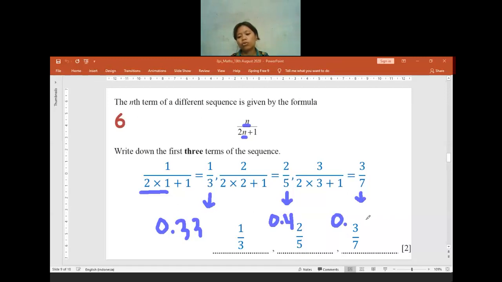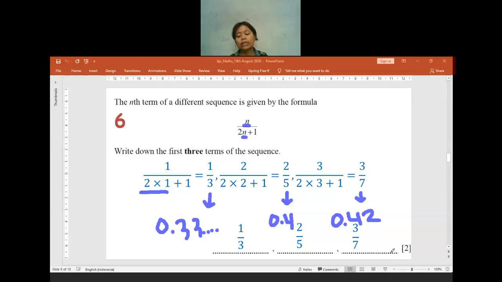Because the question did not ask you to write it as a decimal, it will be better if you keep it as a fraction, because the decimal will never stop. This 3 will keep continuing. If you change it back into a fraction, maybe your answer will not come back to 1 per 3. But for this test, whether you write it as a fraction or as a decimal, it will be correct.